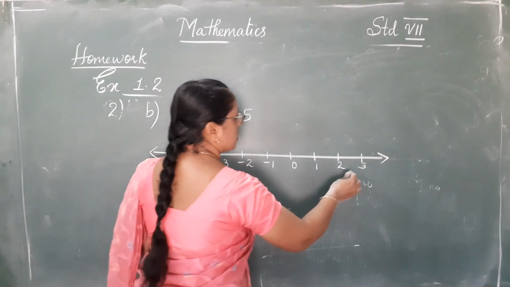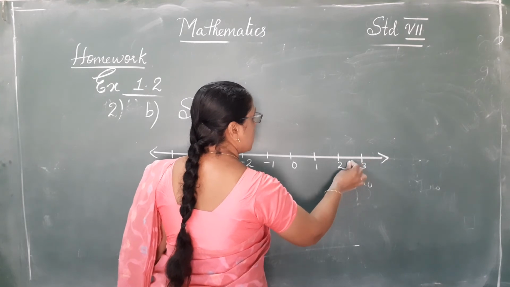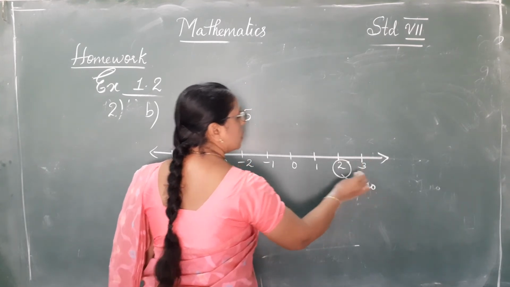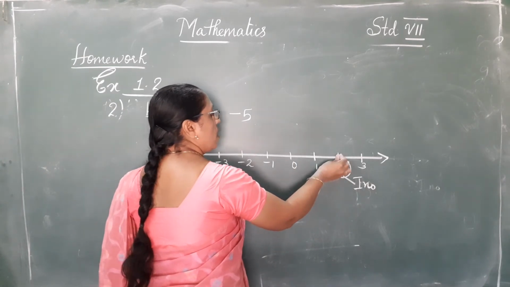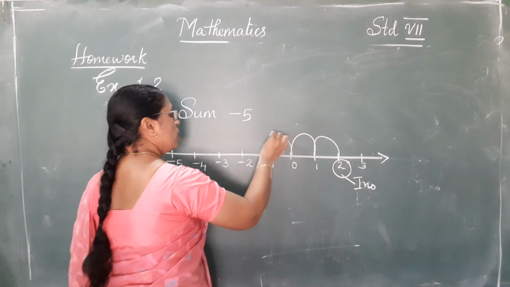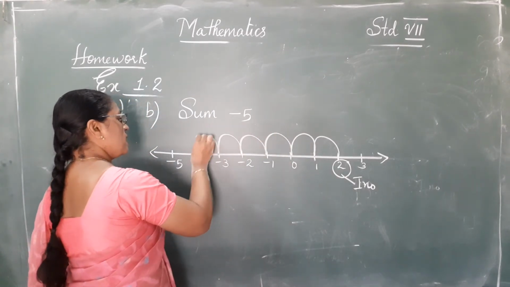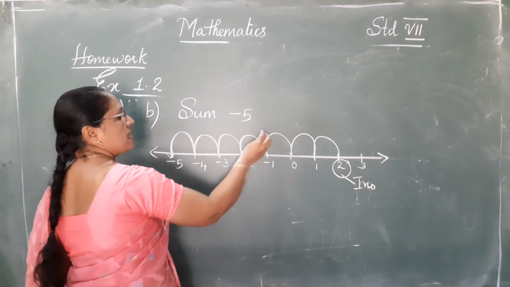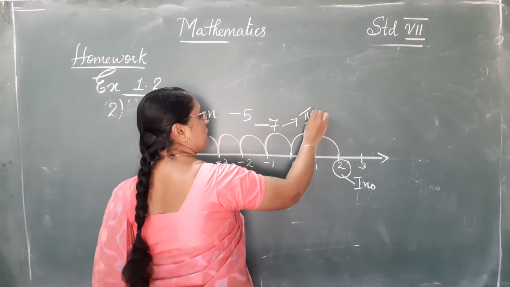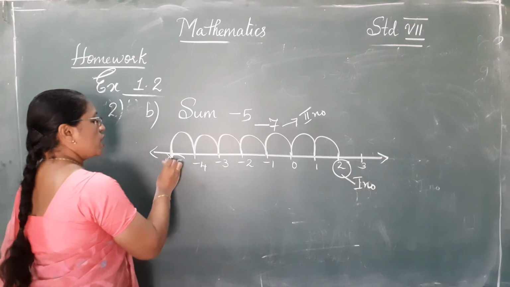Okay, let's see. From here we are selecting 2. That is the first number. So we'll move to reach negative 5. We move 1, 2, 3, 4, 5, 6, 7. 7 steps backward, so negative 7. That is your second number. And you reach the answer.